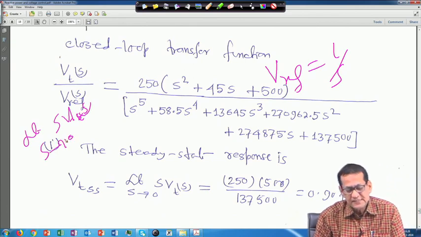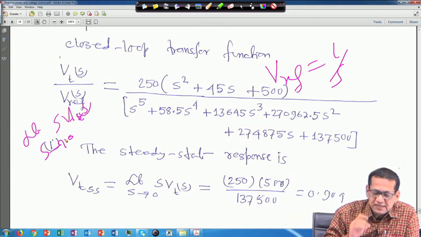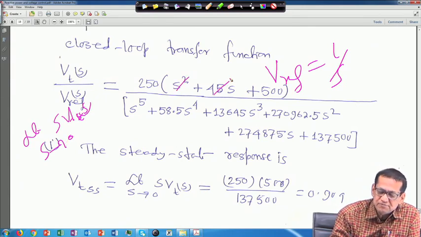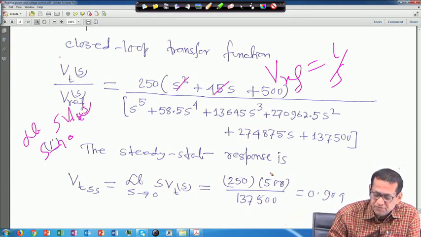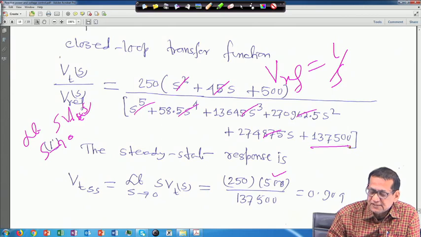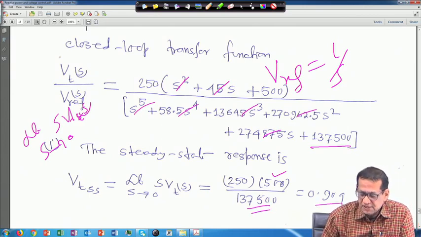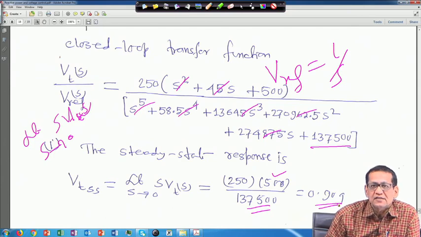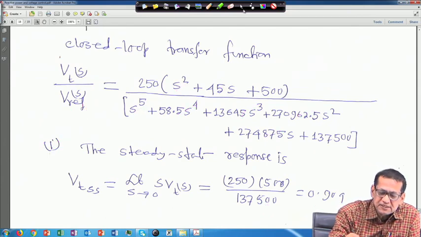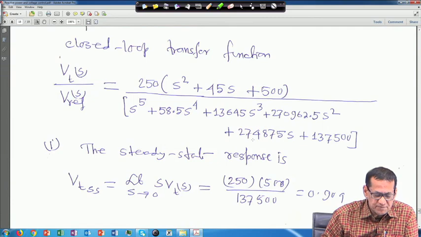If s tends to 0, this one will be 0, this one will be 0. In 250 into 500, the numerator and denominator terms are all zeros, so only 137,500 remains. Its value comes to 0.909. This is the steady state value of VTSS.